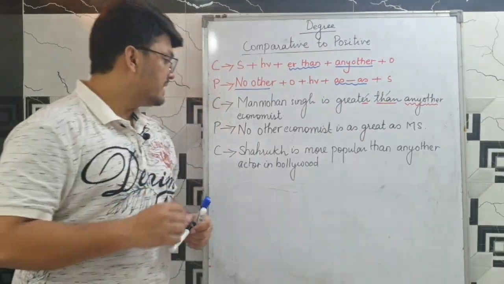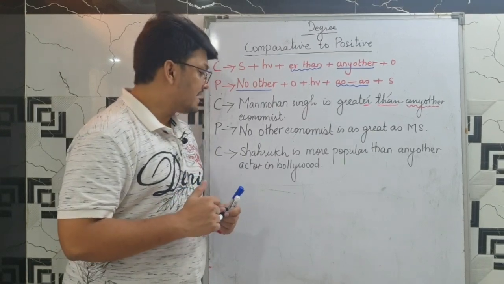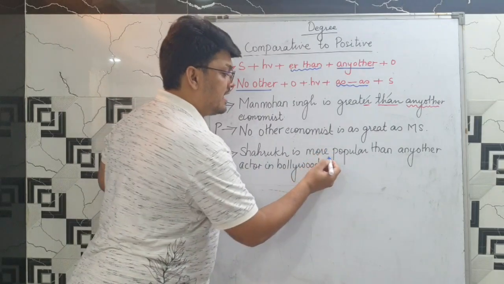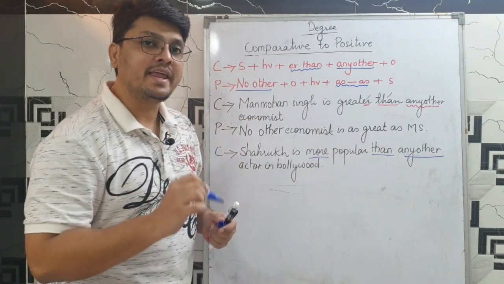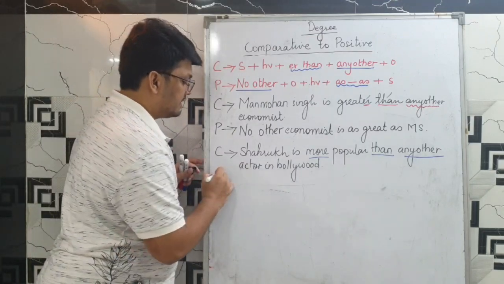Now let's take another example. Shah Rukh is more popular than any other actor in Bollywood. So students, the rule: you have to see more than in comparative degree, and any other. When you see any other in comparative degree, begin positive degree with no other.